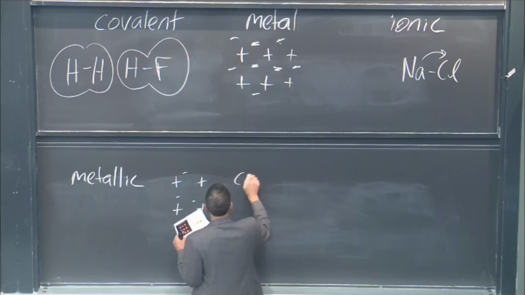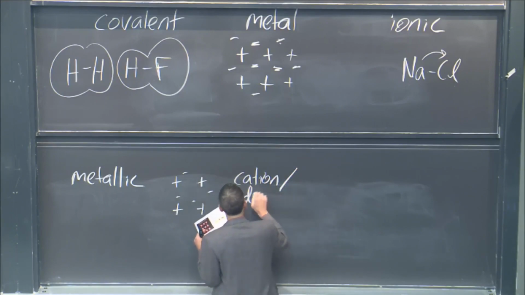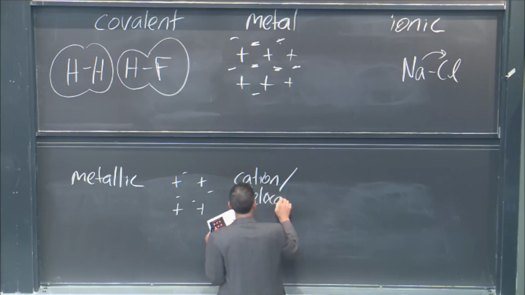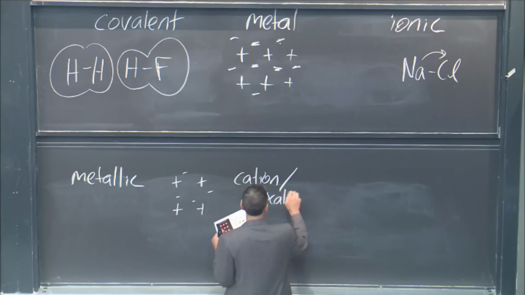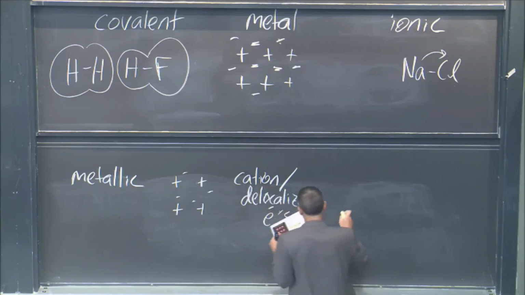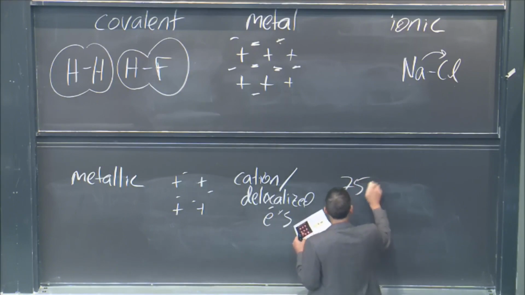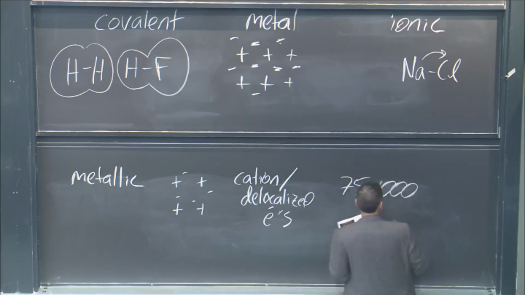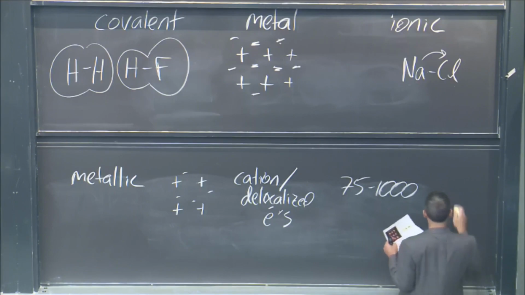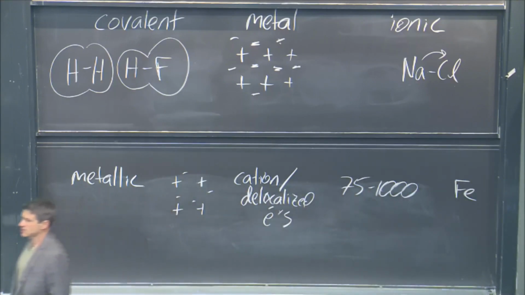And here I have cations. Remember our table? Delocalized electrons. And the bonding strength for this, in kilojoules per mole, is 75 to 1,000. It's a big range. We'll talk about that. And there's an example, iron. We finished our table.